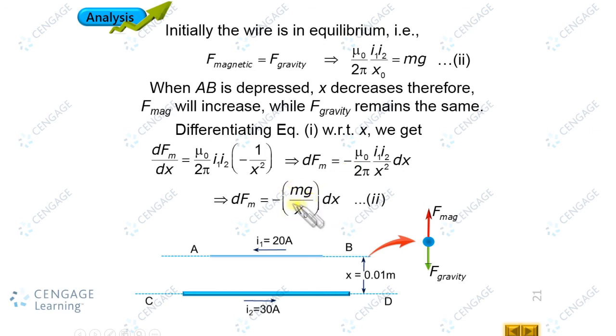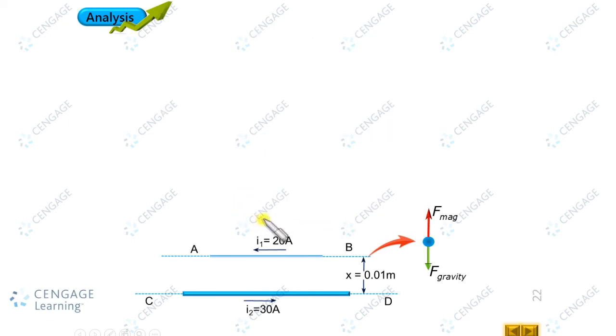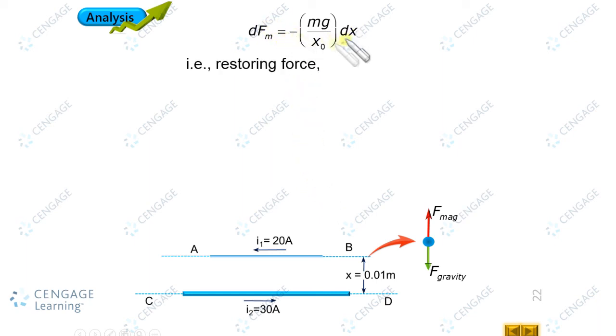Now we can observe this force is proportional to displacement, and we know it is restoring in nature. That means force is proportional to minus of displacement, so this wire is performing simple harmonic motion.